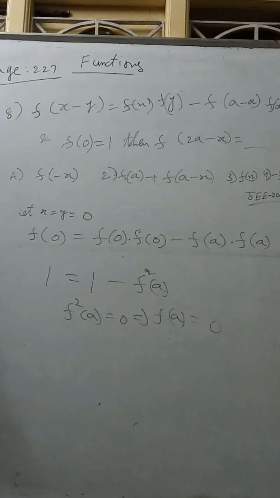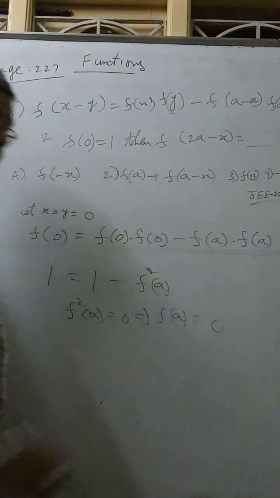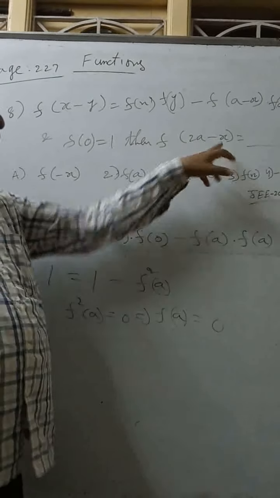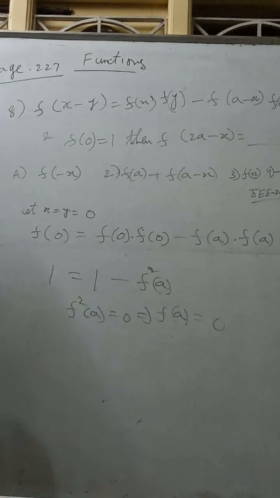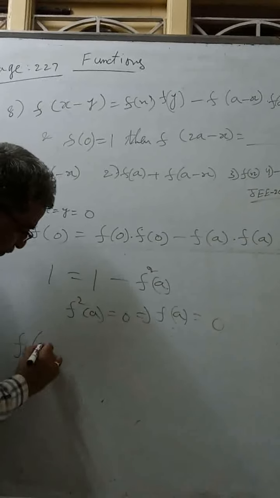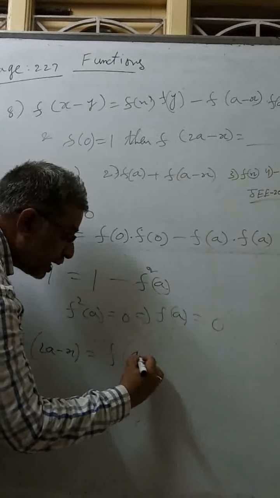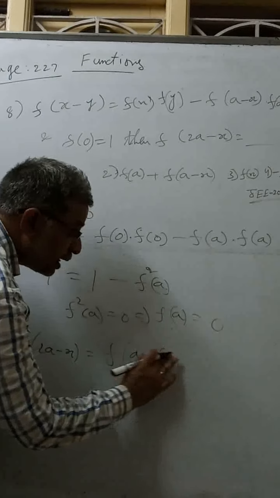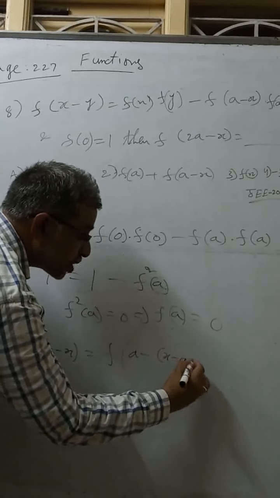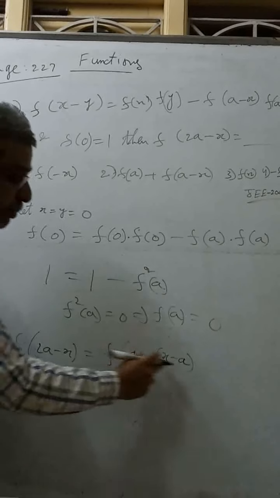Now from the given data we got that f of a value is 0. Now we need f of 2a minus x. Can I write f of 2a minus x as f of a minus of x minus a, which becomes a plus a, 2a minus x.